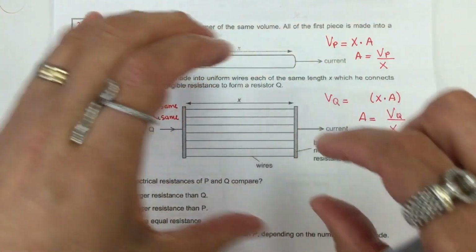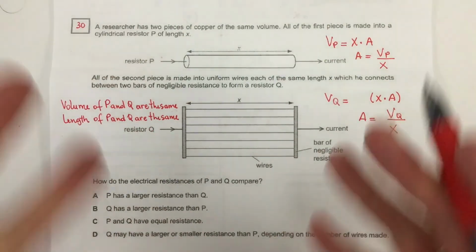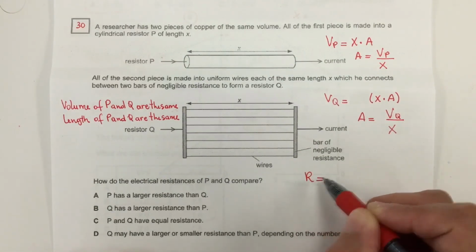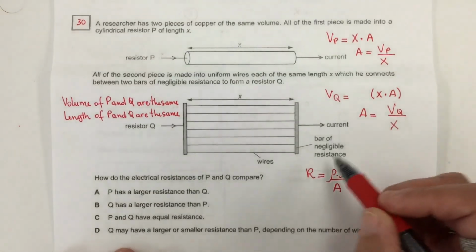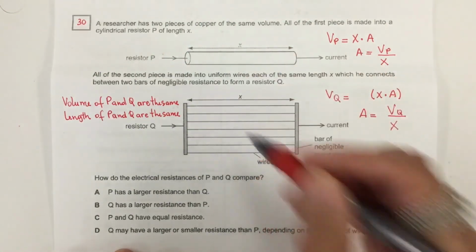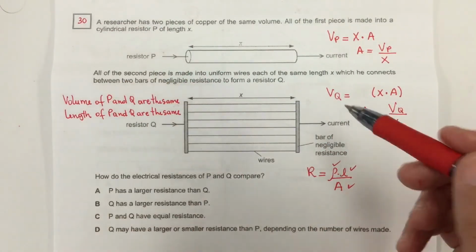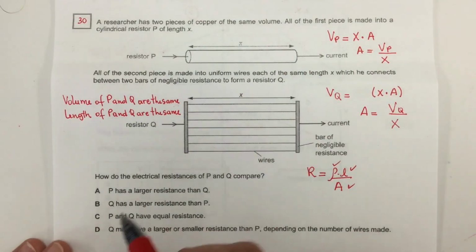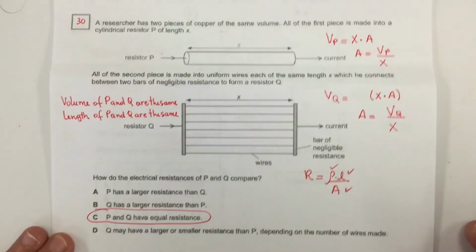When you add all those small wires, they will have the same volume and the same area. So when we look at the formula for the resistance, the material is the same, the length is the same, and the cross-sectional area is going to end up the same because the volume of this is equal to this. So we can conclude that P and Q have the same resistance.